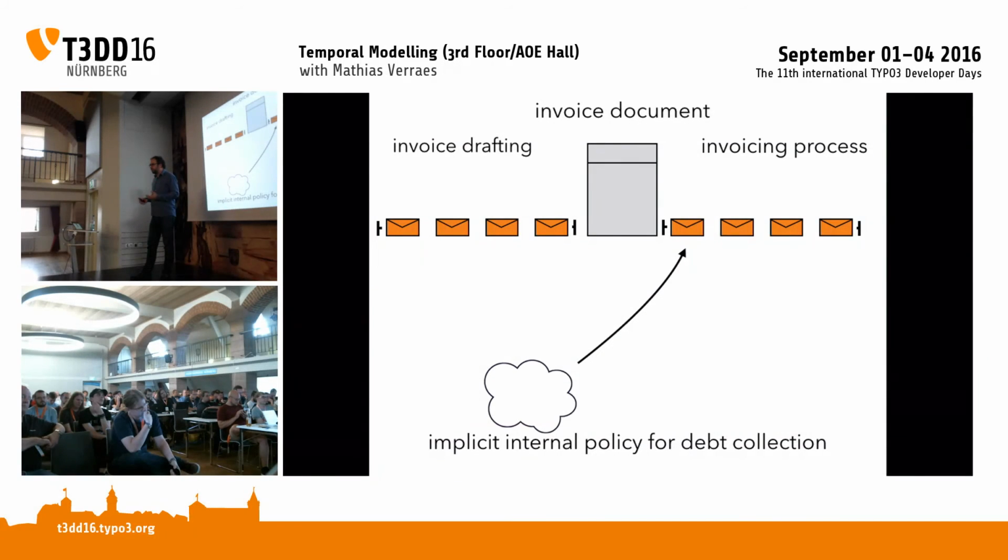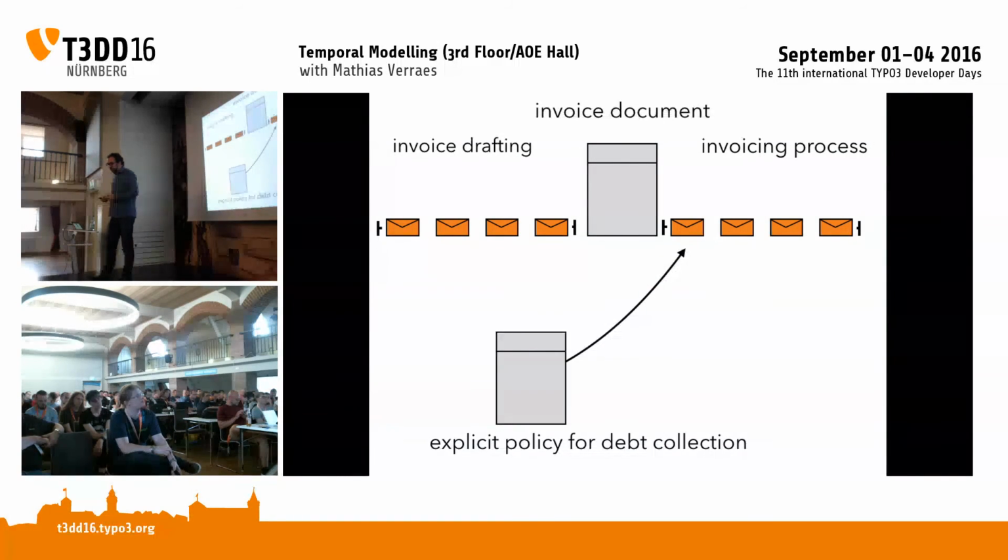That's just an implicit policy. But if you make a more advanced system, you could actually program that into the system, or hard-code it, or configure it, where it shows you a notification after 3 days: call this person because their invoice is 3 days overdue. So that could be a fixed coded policy, where the system tells you what to do next.